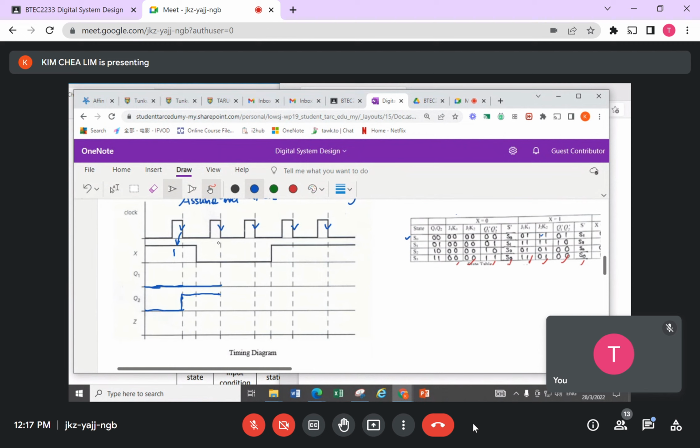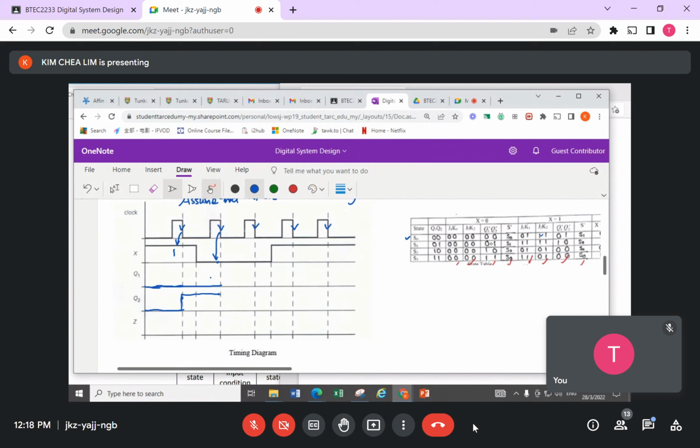Then next, check again. My X now is a 0, and currently I'm at the state 0, 1. What is the next state? When X is a 0, the next state is also 0, 1.